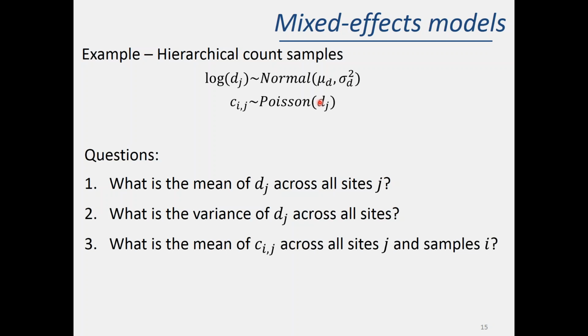What's the mean of counts across all sites and samples? Well, that would be the mean for a given site, for sure. And then what's the mean across all sites?